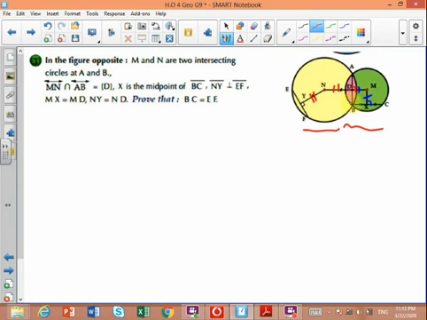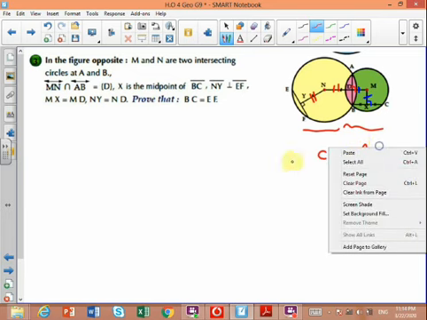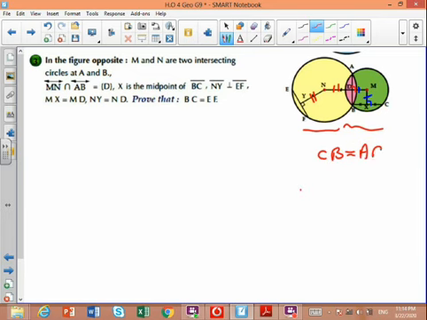CB is a chord, AB is another chord in circle M. I have conditions: MX equal to MD, MX perpendicular to BC and MD perpendicular to AB. From this, I will deduce that CB equals AB, the two chords are equal, by the converse of the theorem.